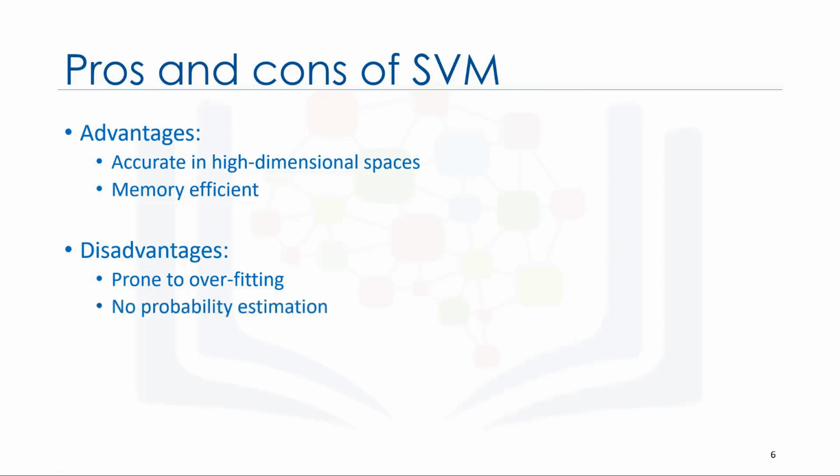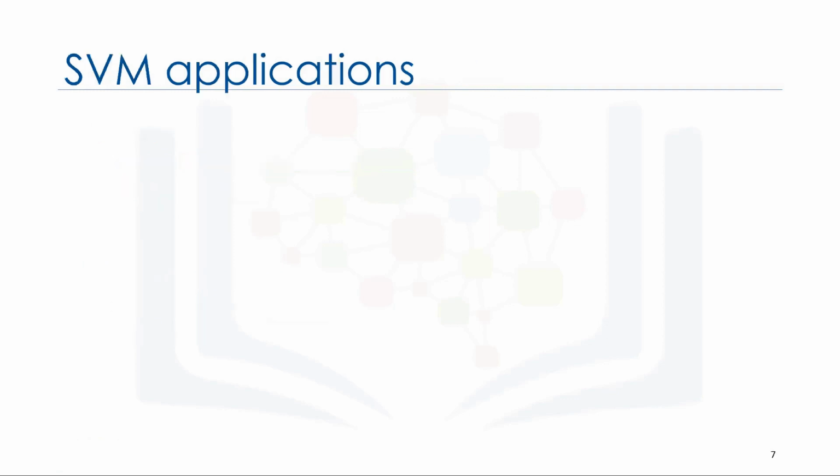Also, SVMs do not directly provide probability estimates, which are desirable in most classification problems. And finally, SVMs are not very efficient computationally if your dataset is very big, such as when you have more than 1,000 rows. And now our final question is, in which situation should I use SVM?